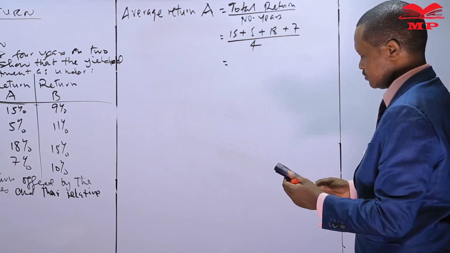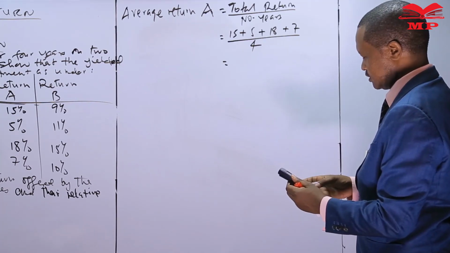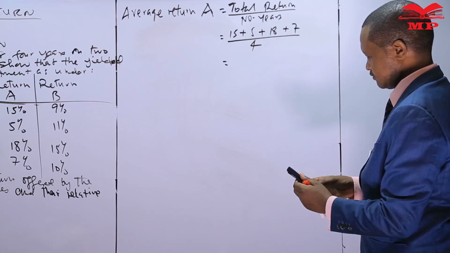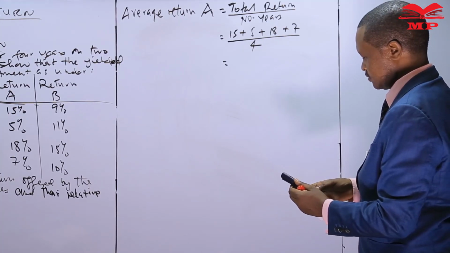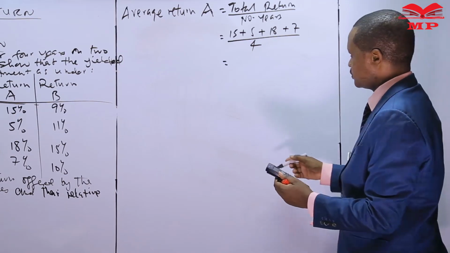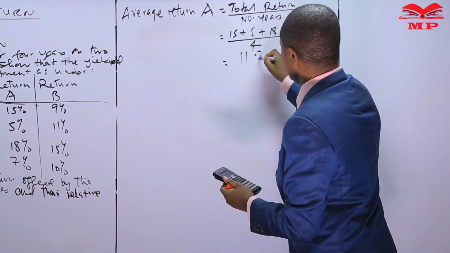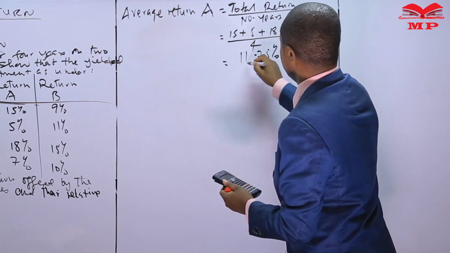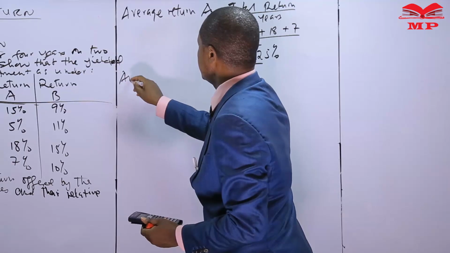So 20 plus 18 plus 7 divided by 4. So the average return is 11.25% for security A.